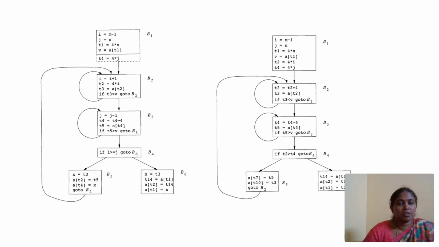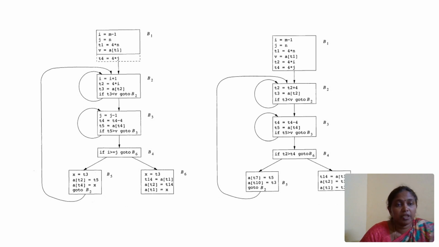In this example, block 2 contains induction variables: I equal to I plus 1, T2 equal to 4 into I. I and T2 are induction variables, because if I is increased by 1, then T2 is also increased by 4. So we can move that code outside of that block, or else we can eliminate it.